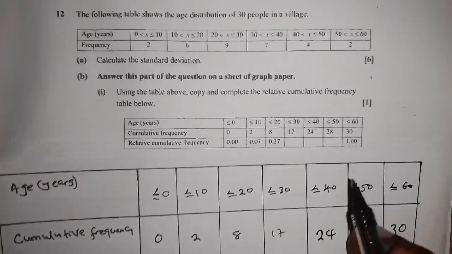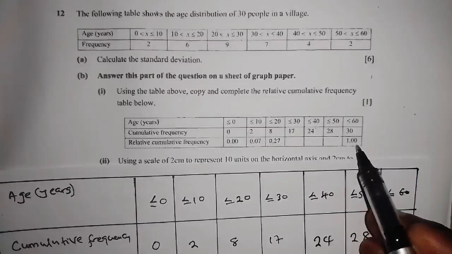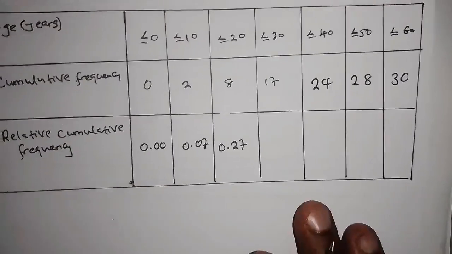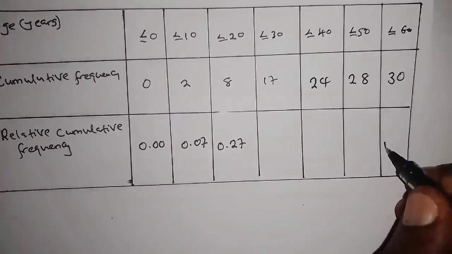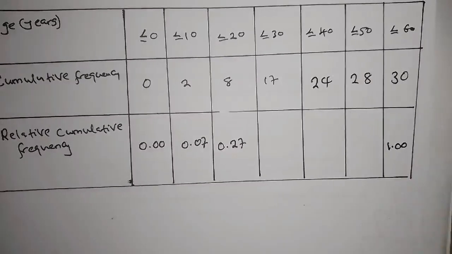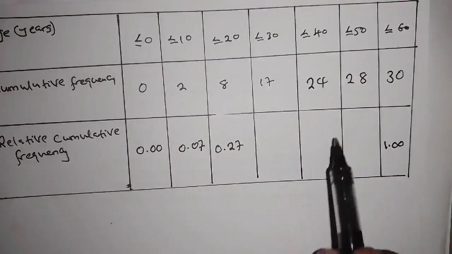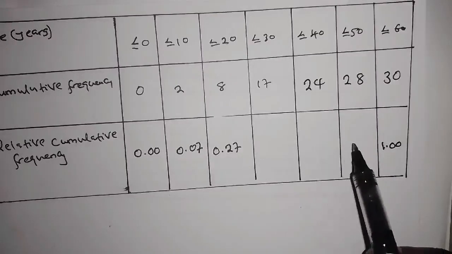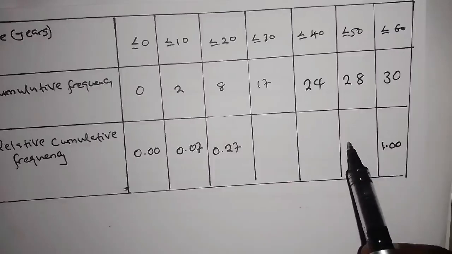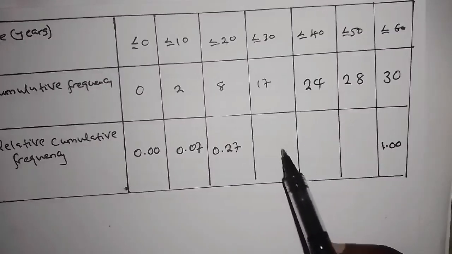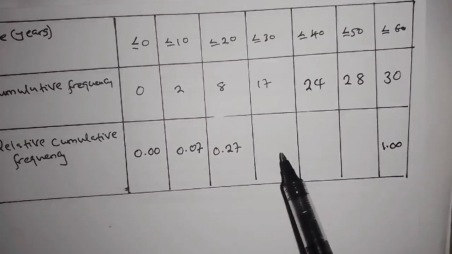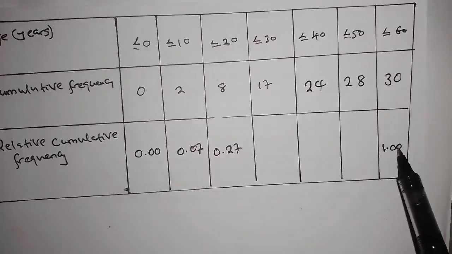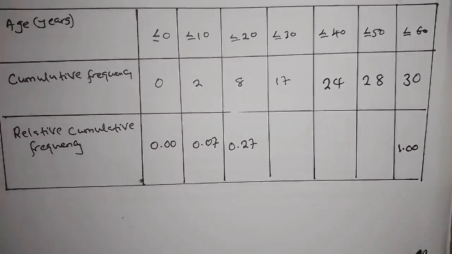Now you can see here that there is 1.00, so I'm just going to copy that. Now all I have to complete is just 3 boxes. But how were they actually doing it? I have to know how they got these 3 numbers, up to the 1.00.